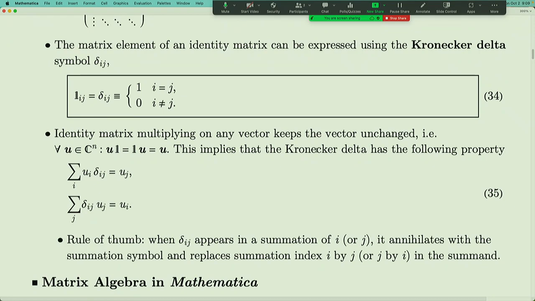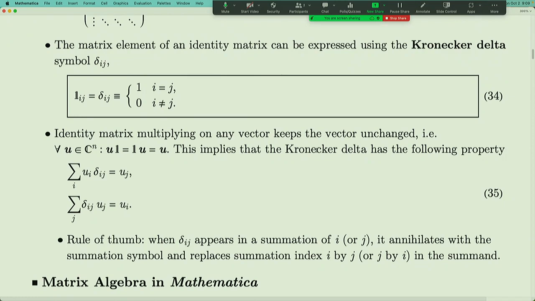In either case, no matter whether you multiply the identity matrix from left or from right, the vector is not going to change. If you expand everything in terms of components, this u has a vector component u_i, and either you contract the i index with the i index in the delta symbol, or you contract the j index with the j index in the delta symbol. No matter which way you contract, the result is still the same vector.